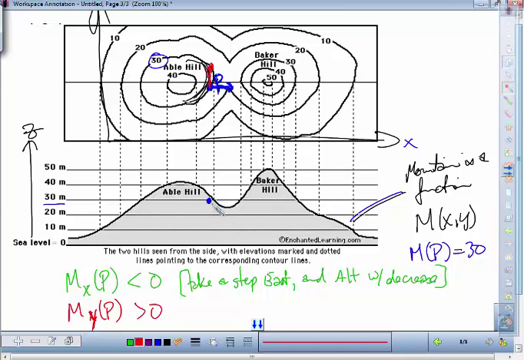If I put this accurately, and I think I did put it as accurately as I can, it looks like it'll actually move you up. So a step north will go up. Okay?